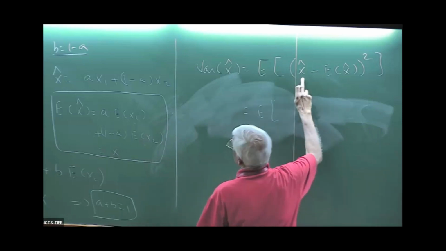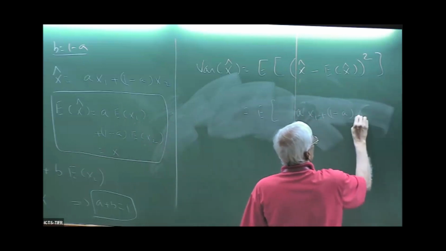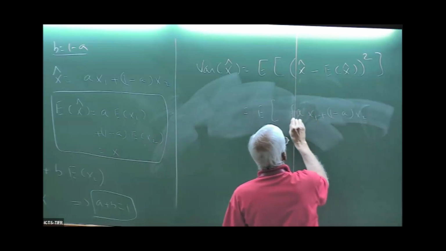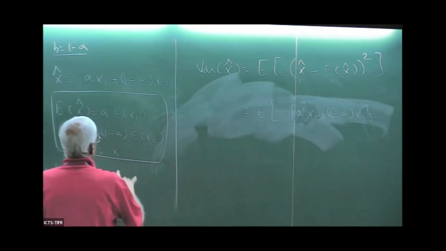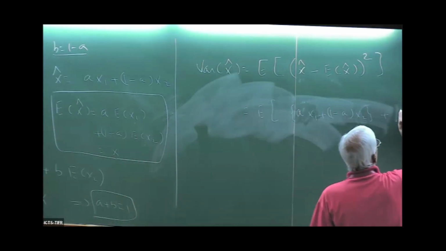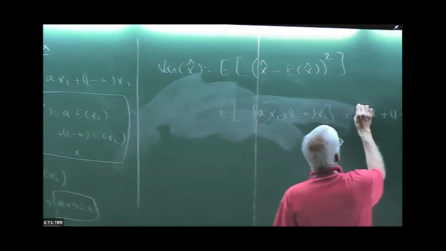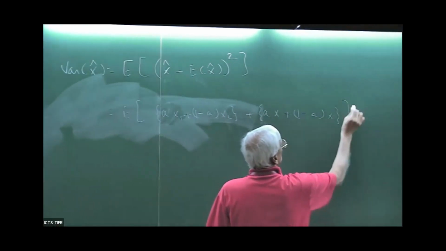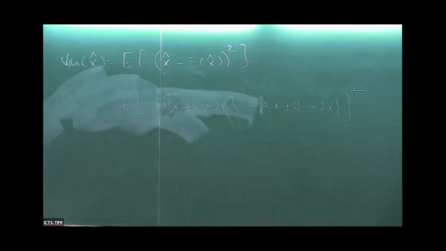Okay, now what is x hat? X hat is a times x1 plus 1 minus a times x2. What is E of x hat? E of x hat is x. So I can write that as a times x plus 1 minus a times x. Add and subtract.